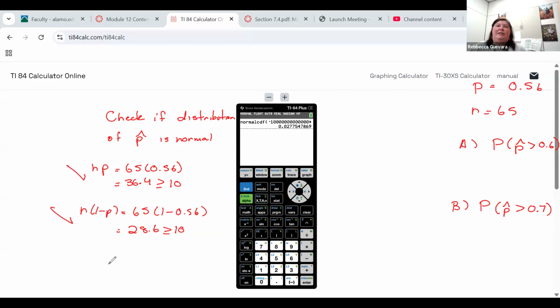So next part we need is the mean of this distribution. So the mean of my sample proportions matches the population proportion, so that's 0.56. And the standard deviation would be the square root of 0.56 times 1 minus 0.56 divided by 65.